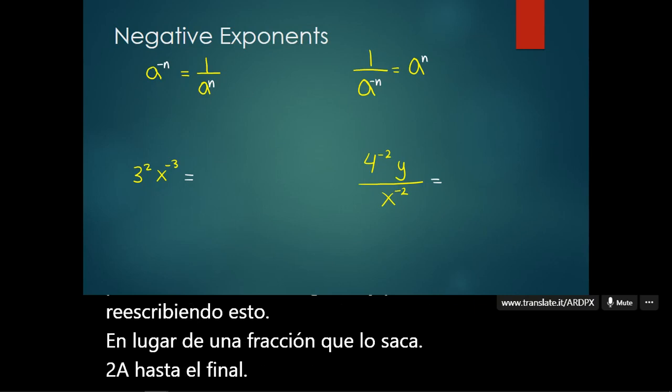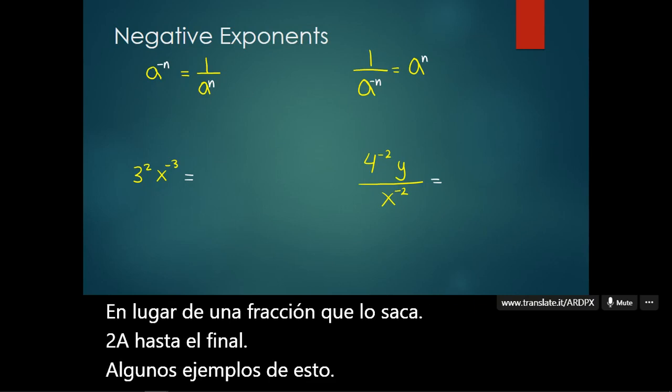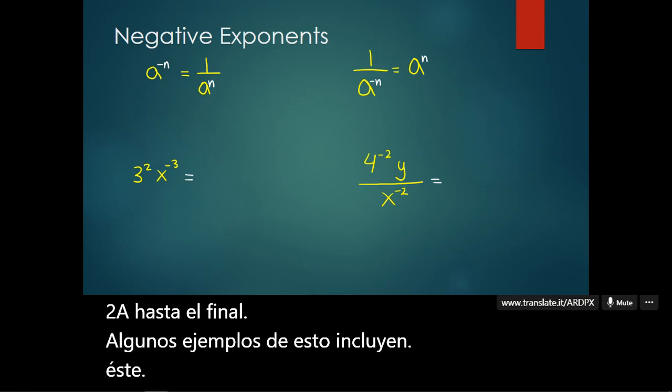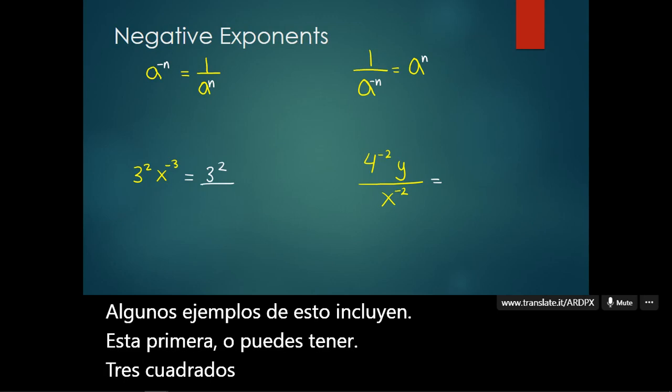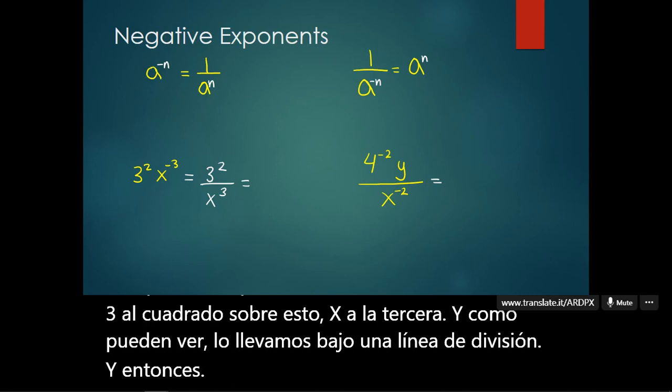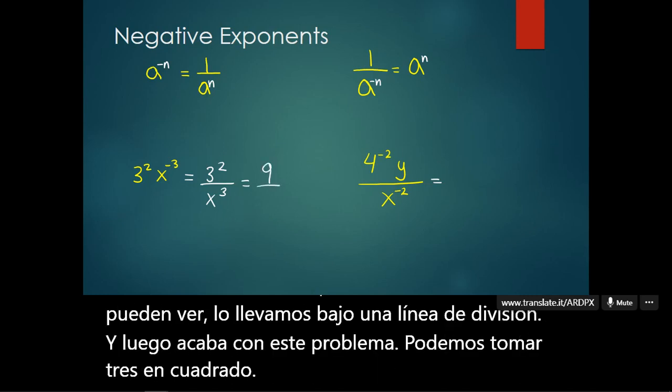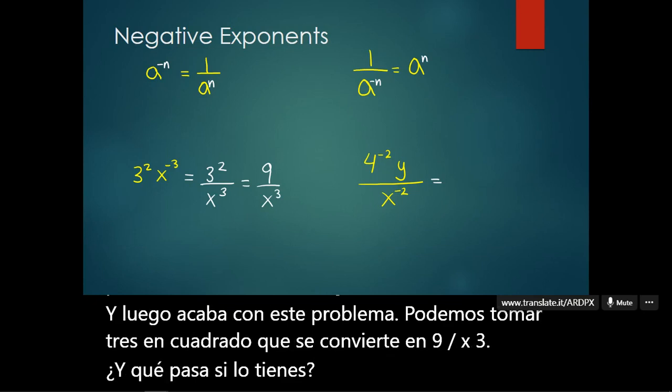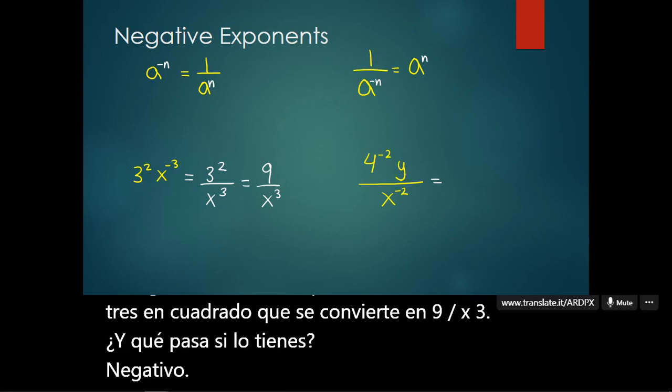Some examples of this include this first one, where you can have 3 to the negative 2 over x to the third. And as you can see, we brought this under a division line. And then just to finish this problem, we can take 3 and square it. That becomes 9 over x cubed. All right, what happens if you have negative exponents here and in the bottom?